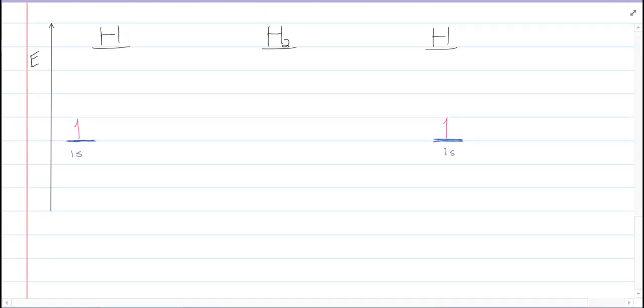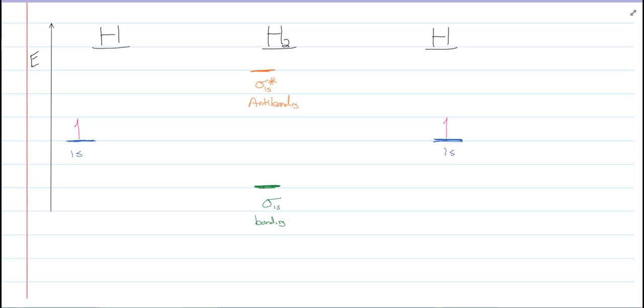The one that's in phase for H2 would be the sigma bond, and we call that bonding. And it's the sigma 1s. And the out of phase is the sigma star 1s, and we call that anti-bonding.